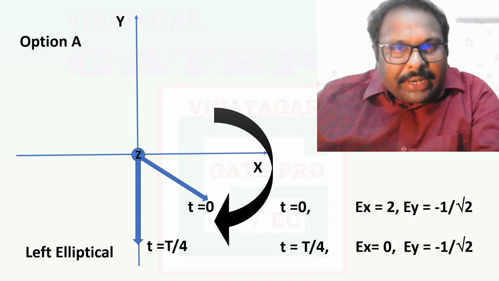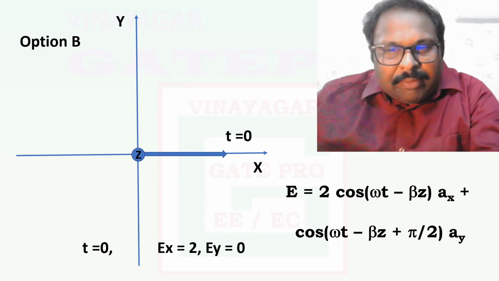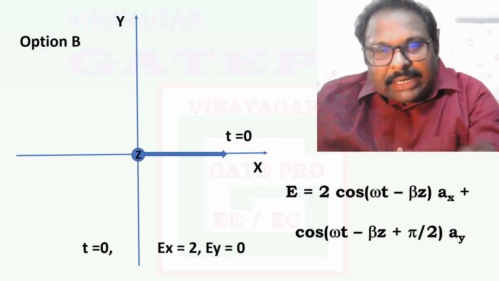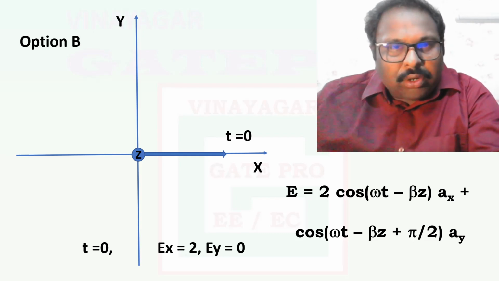So option A clearly left elliptical. Option B, let's start. Again tracing it, t equal to 0. Now this time amplitudes are 2 and 1, phase is pi by 2. So if you check it again at t equal to 0, you get electric field in x direction, no y direction component because cos pi by 2 is 0.